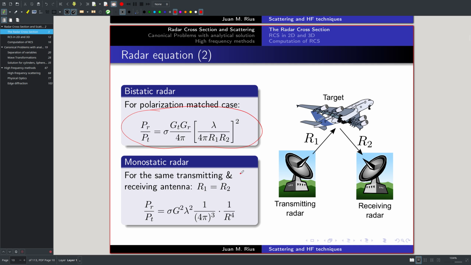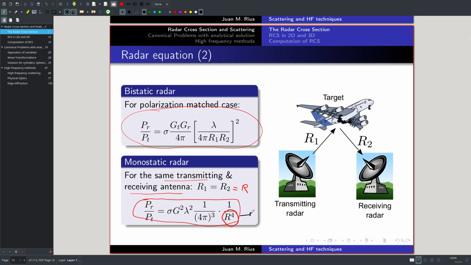However, in the case of monostatic radar, remember that the receiving antenna is the same as the transmitting antenna, so that R1 is equal to R2 equal to R, and in this case the radar equation becomes slightly simpler, becomes essentially proportional to the inverse of the fourth power of the distance from the radar to the target.